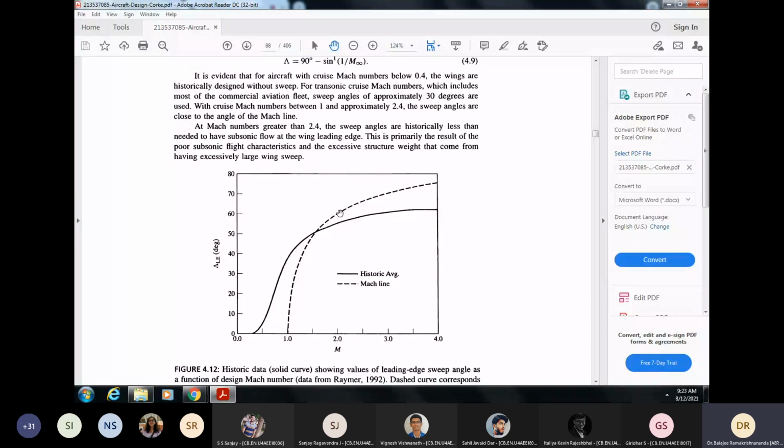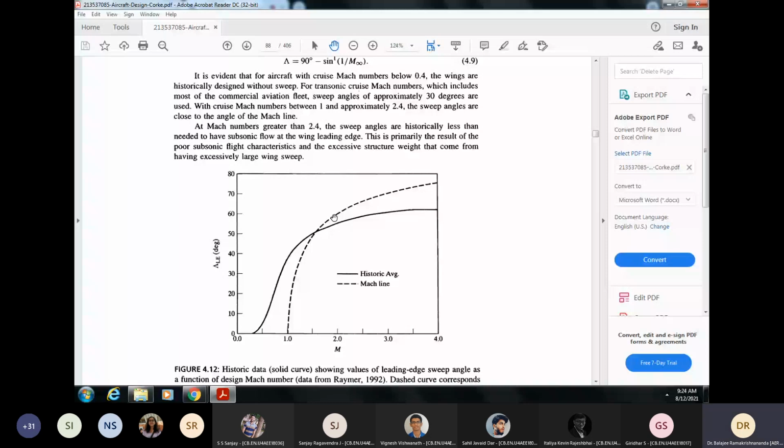For example, cos 60 is half. So Mach number 2 and a sweep of 60 degrees will give you a Mach number of 1 at the leading edge of the aircraft. So the maximum possible Mach number is reached there.